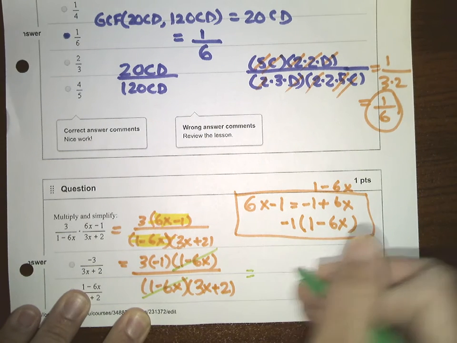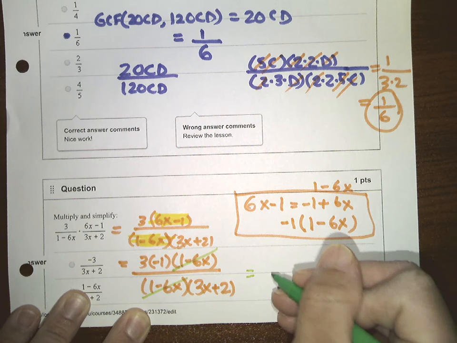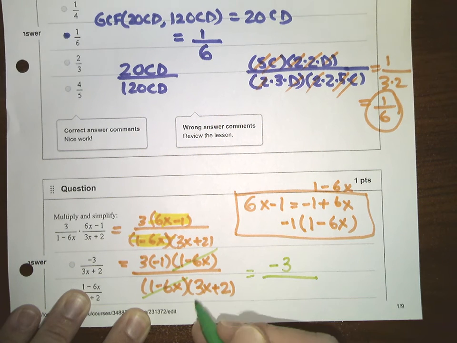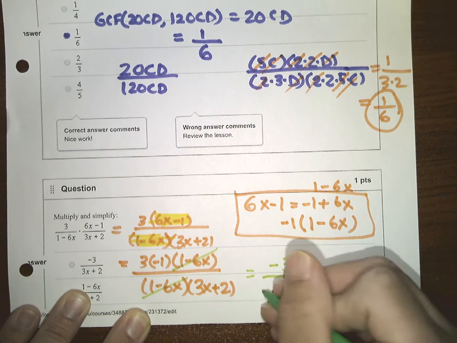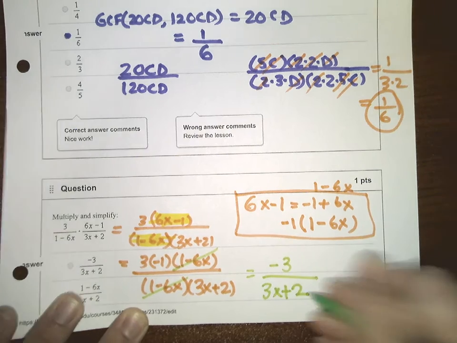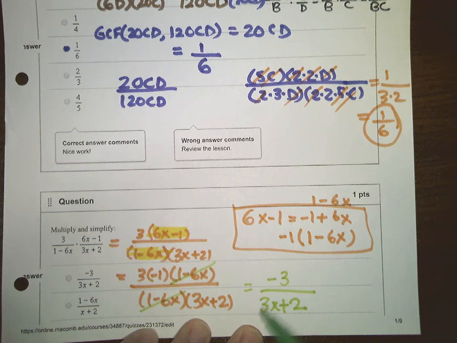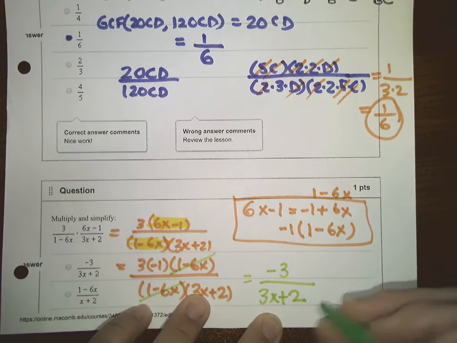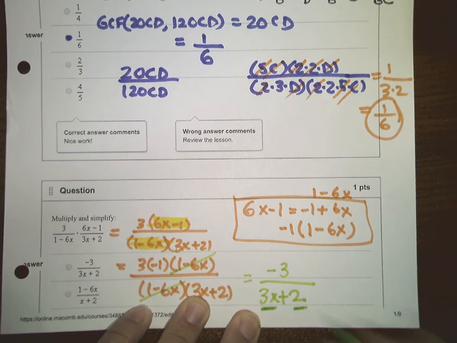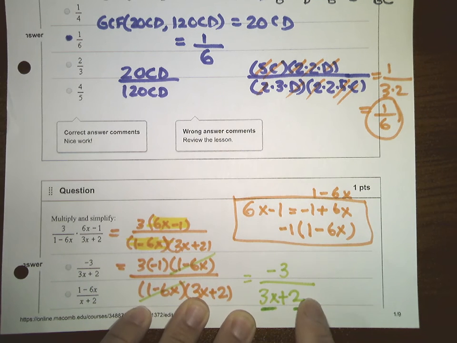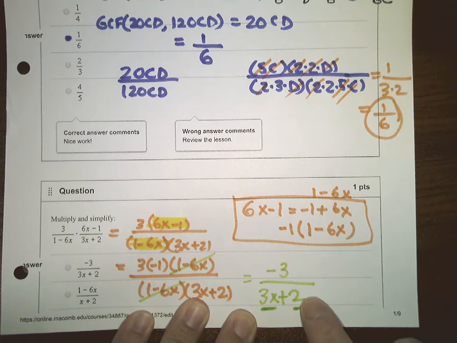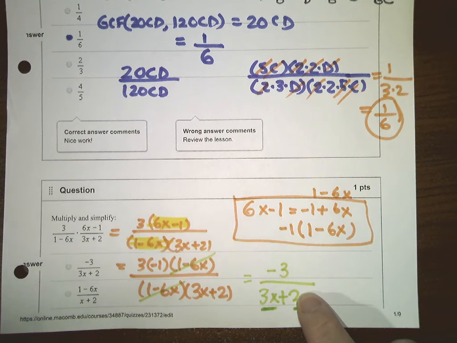So I have 3 times -1 is -3, and that is all over 3x plus 2. Now, again, I cannot divide out the 3's here because that's not a greatest common factor. The greatest common factor would mean that this term over here in the denominator also had a factor of 3, but it doesn't. It actually has just a 2 over here.